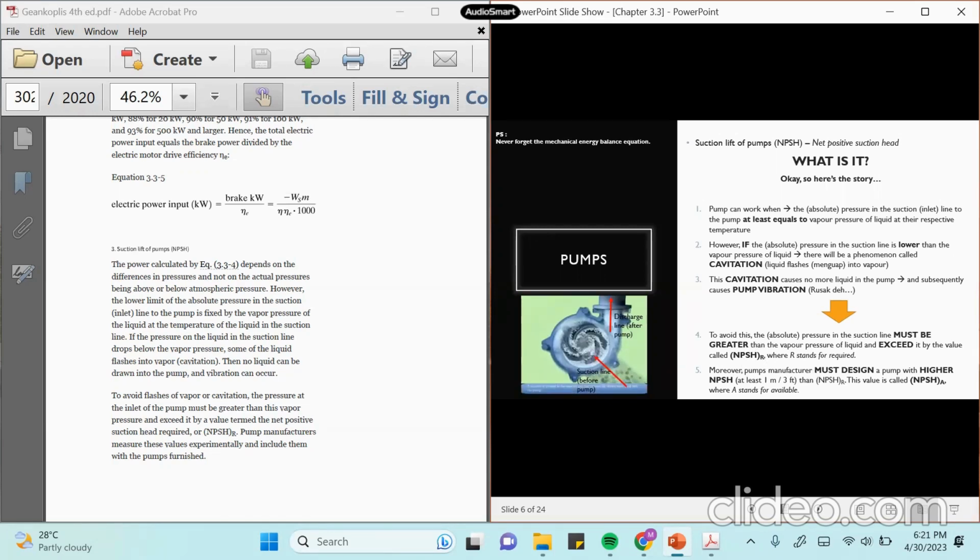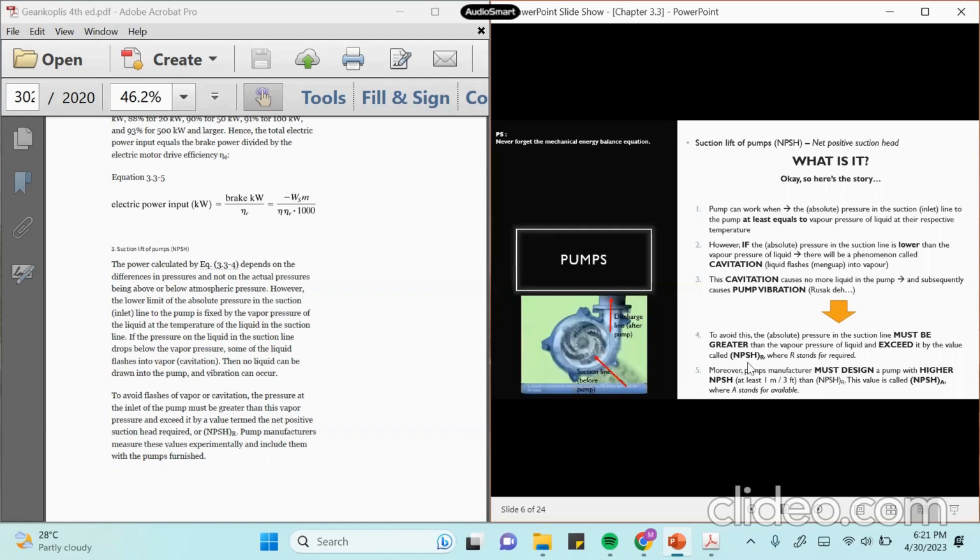Why? So that it does not go down below the required NPSH. Because if it goes down below the value of NPSHR, then the pump will be prone to cavitation and pump vibration.